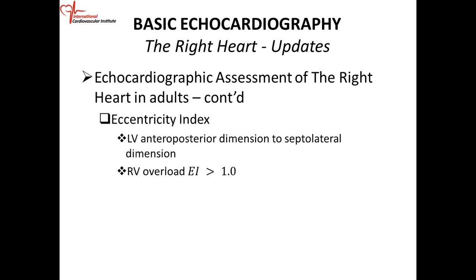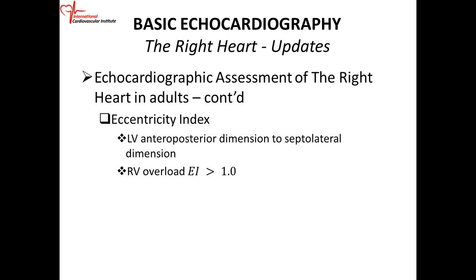And then we have something we call the eccentricity index. So if you measure in the short axis view, say the mid cavity level short axis, if we measure anterior to posterior and septal to lateral, the anterior posterior measurement over the septal to lateral measurement should be approximately 1 because it's spherical.